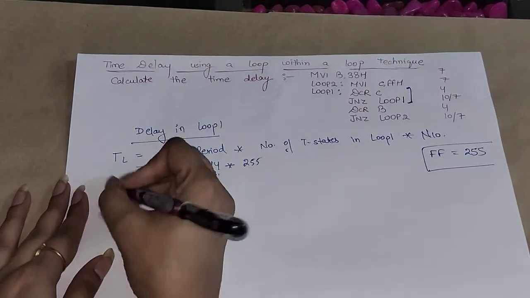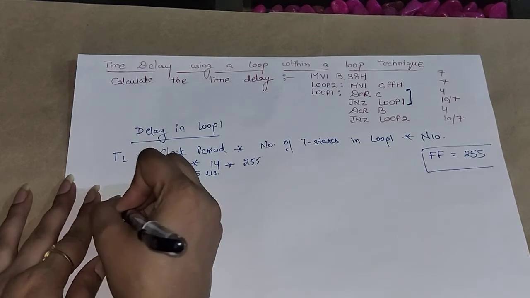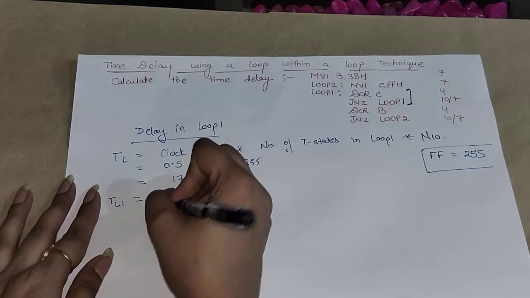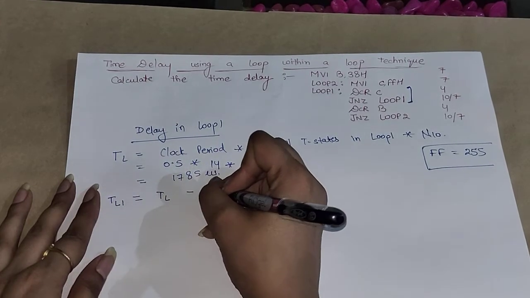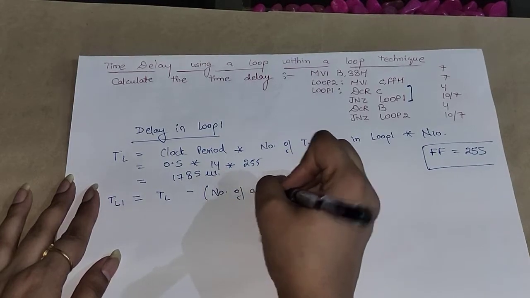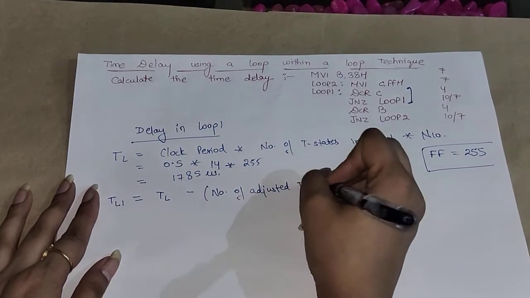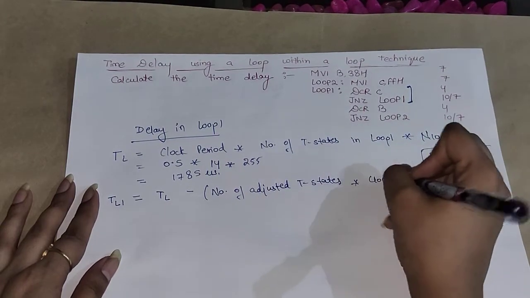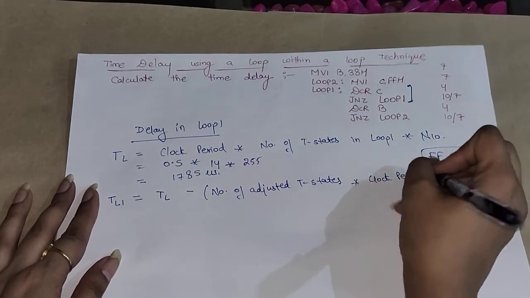Now calculate the adjusted time delay. In this question I am calculating the adjusted time delay. So TL minus the number of adjusted t states multiplied by the clock period. This is the formula.